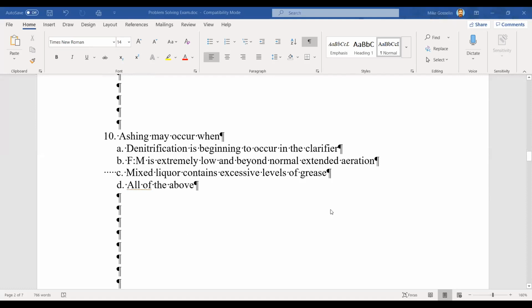So this one, ashing may occur when? I was waiting for that question. So ashing would be if you'd see fine particles floating off in a secondary clarifier.